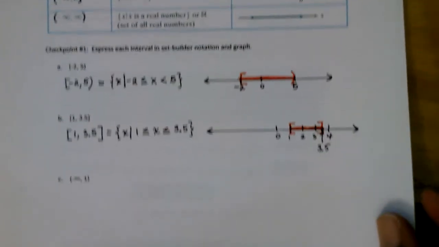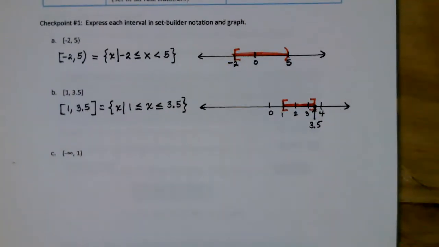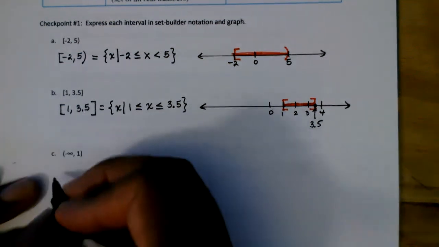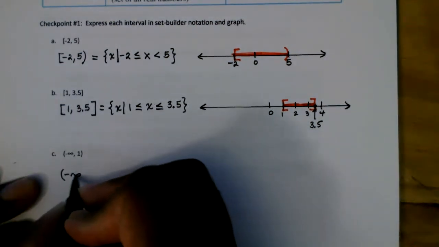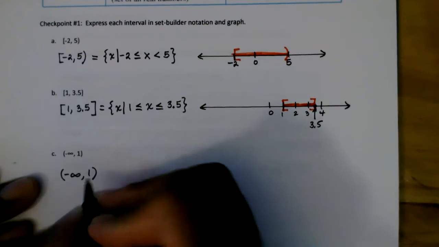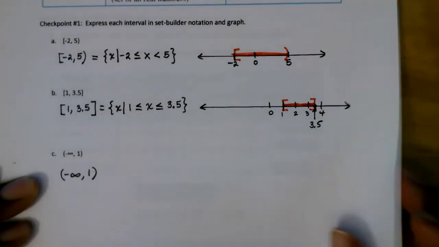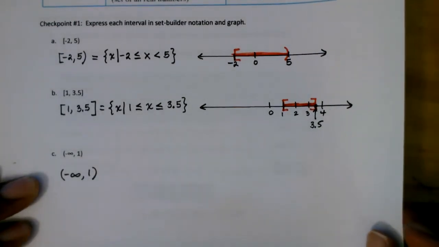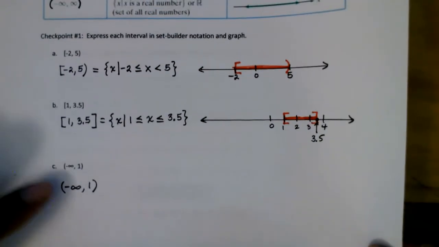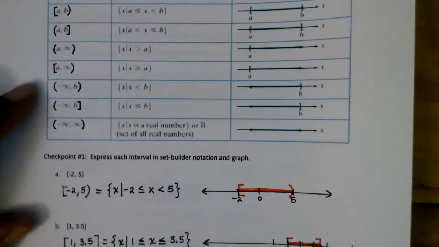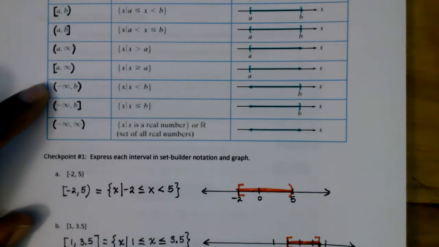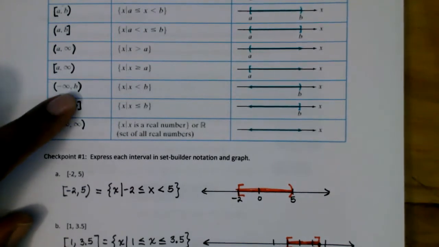And finally, part C, -infinity to 1. All right. So we're going to find which one of these matches this right here. So -infinity, and we have a right parentheses there.